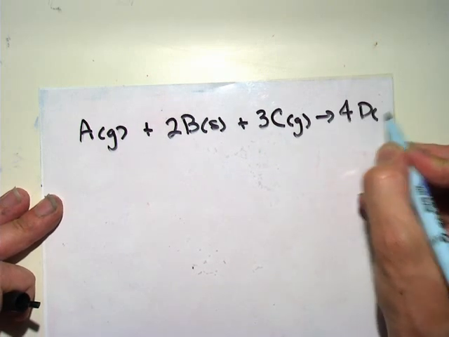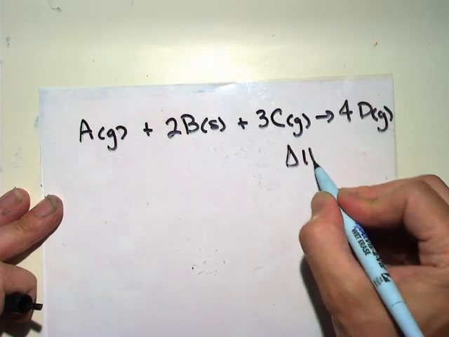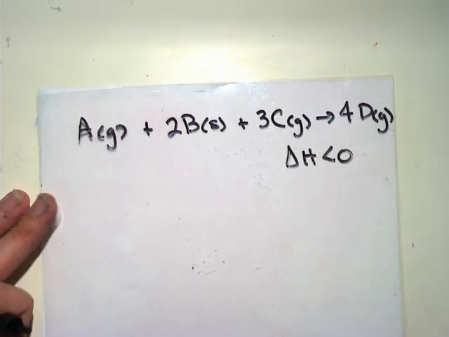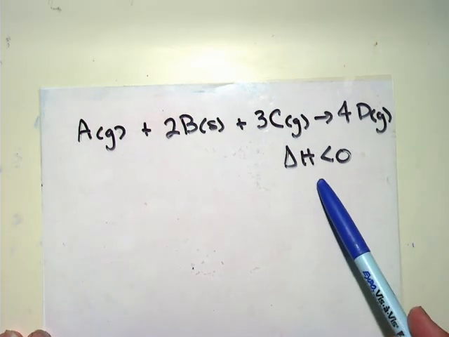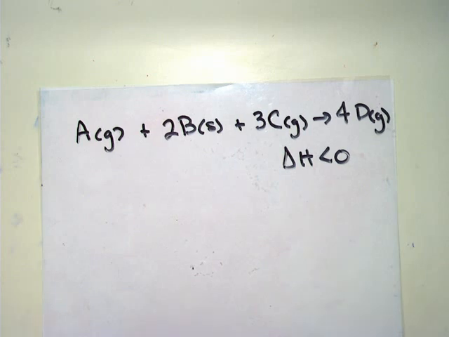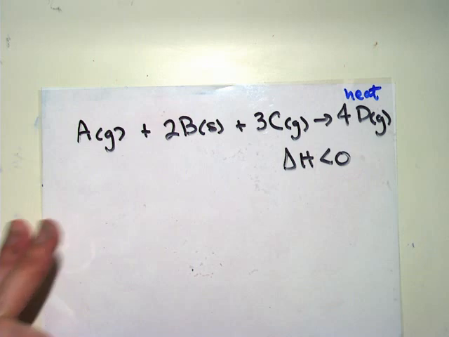Okay, let's try this, and I'll impose a number of different changes, and we'll just see which way it shifts. One thing to note is that if this is exothermic, or less than 0, that means heat is a product. So we've got heat over here. So let's say just simple ones. If I add A, then it's going to shift to the right.